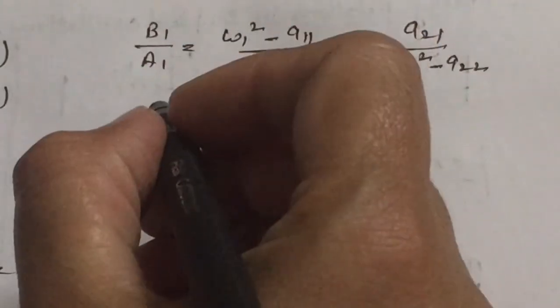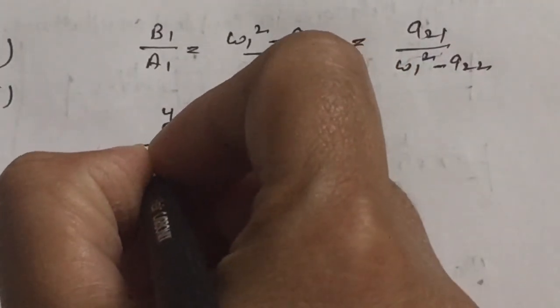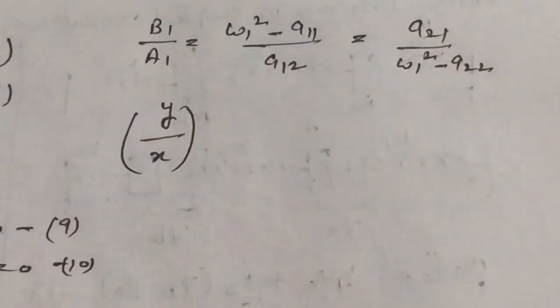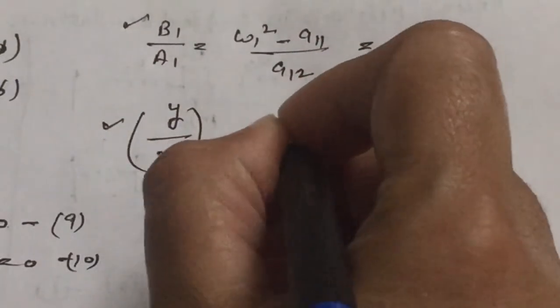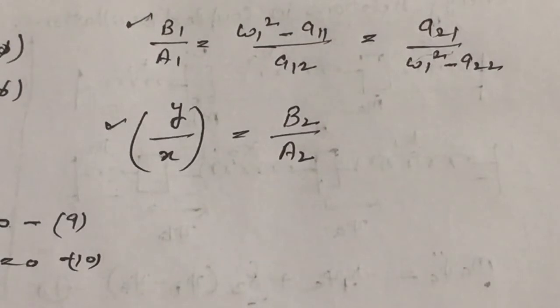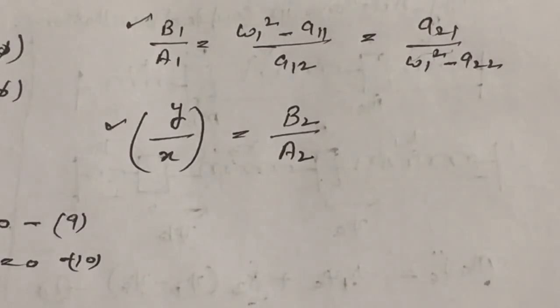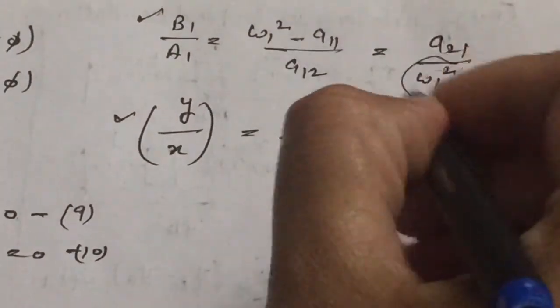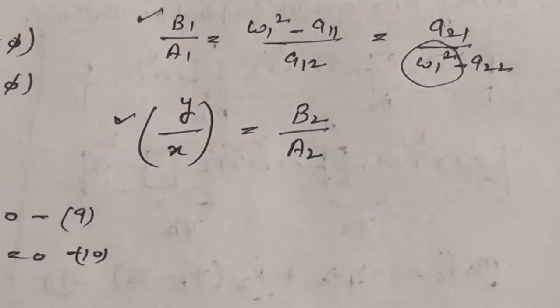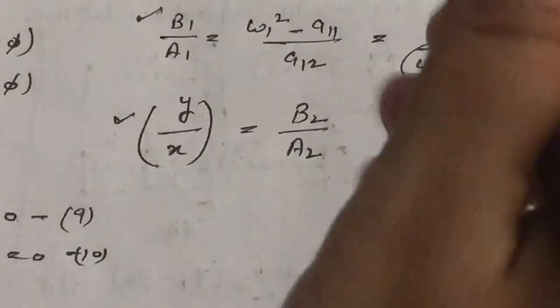Similarly, for the second mode, what type of motion can be shown by our particles 1 and 2? First motion is this one, and second motion is represented with the help of b2 and a2 amplitude. Here we will use the second root of our omega square. It means there are two frequencies, and hence two types of simple harmonic motion possible.